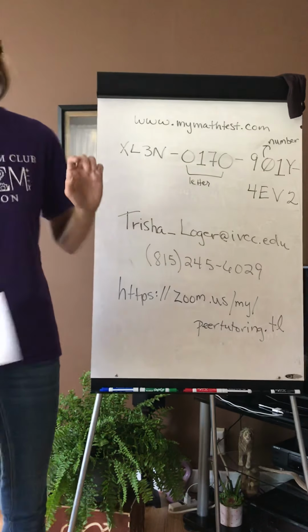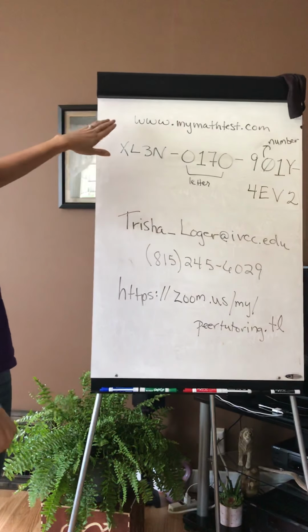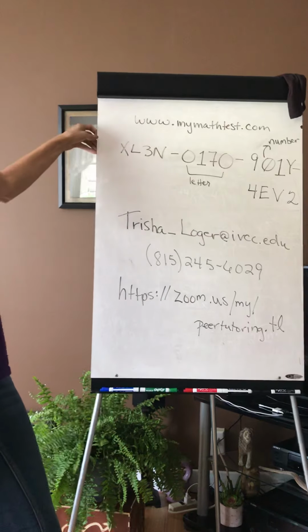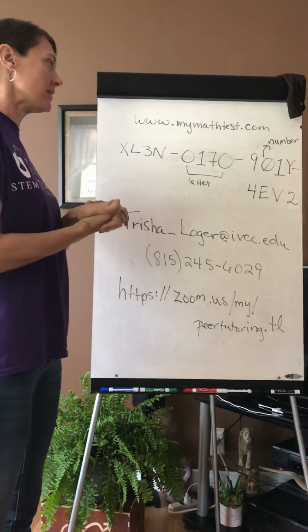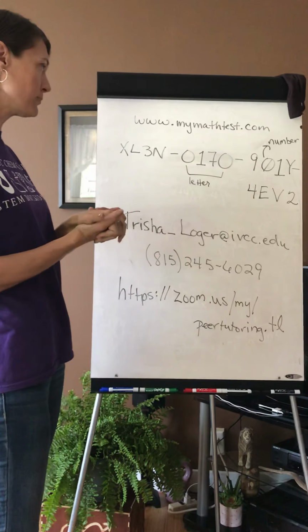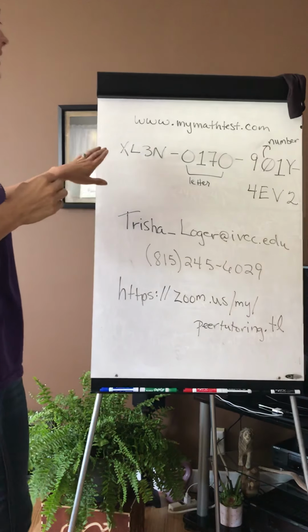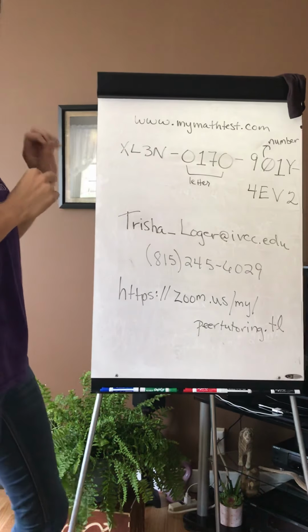When you're starting to get registered for My Math Test, you're going to go to the website www.mymathtest.com. Again, I do have a little instructional PDF in Blackboard under the handouts tab, so please open that up. You're going to start by typing in the program ID.